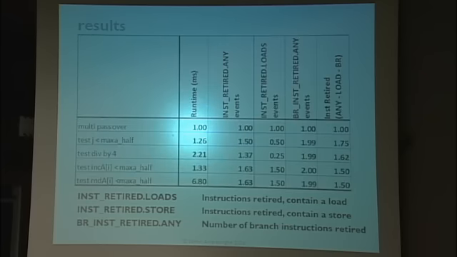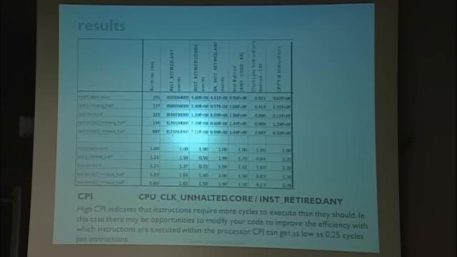Let me skip this one. Actually, I want to get to this one, which is called clocks per instruction. What this says is, if the instructions ran slow, each instruction will take a lot more clock cycles. That means the instructions are not doing well, they are stalling, taking a lot more time.